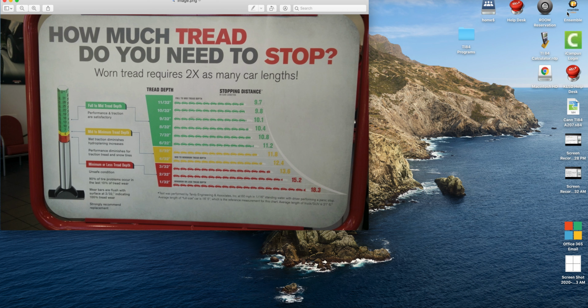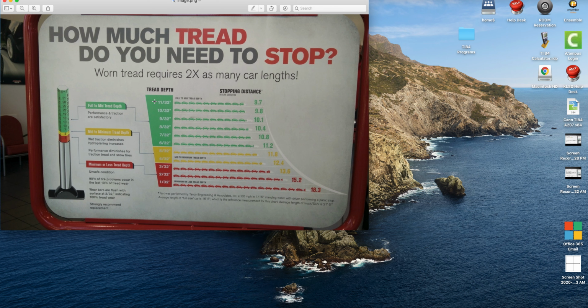So if you only have 1/32 of tread on your tire, a little smidge of tread, so practically bald, it's going to take you 18 car lengths to stop from 60 miles an hour, or 30 miles an hour, or whatever the speed limit is. But then you can see it's half that distance if you have 11/32.